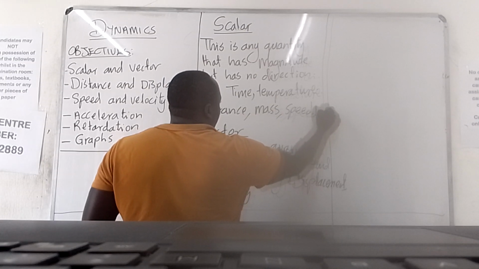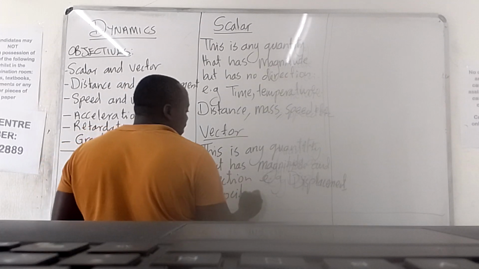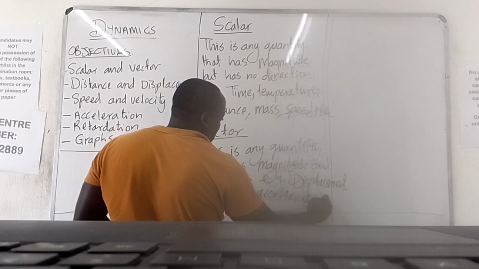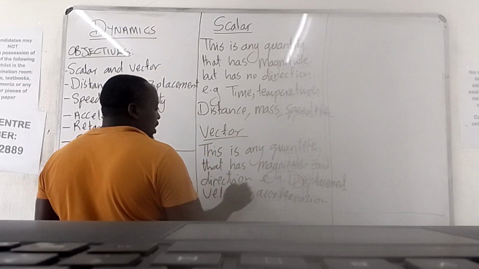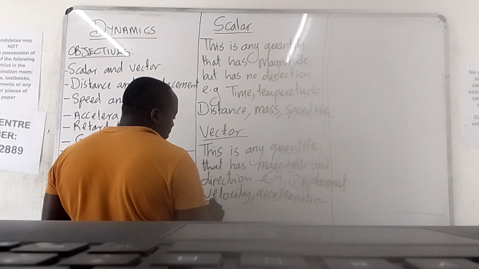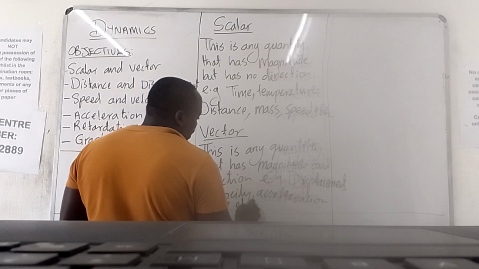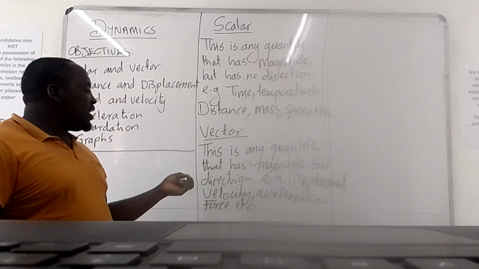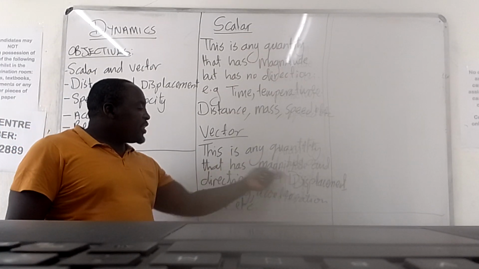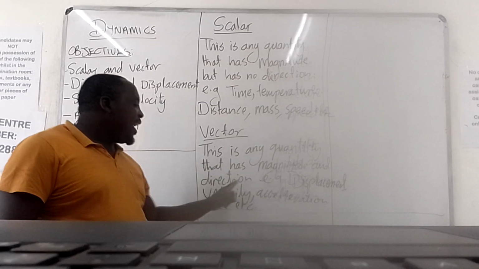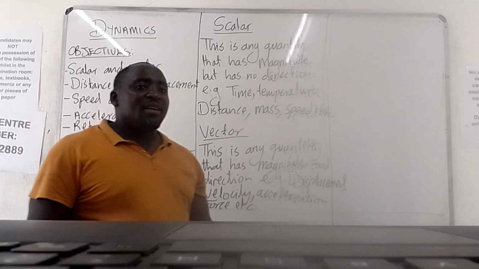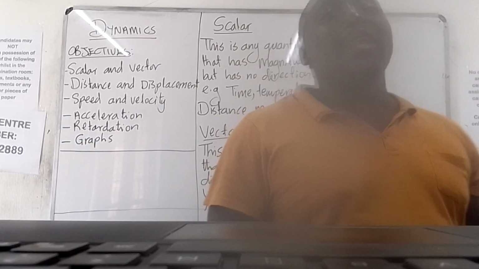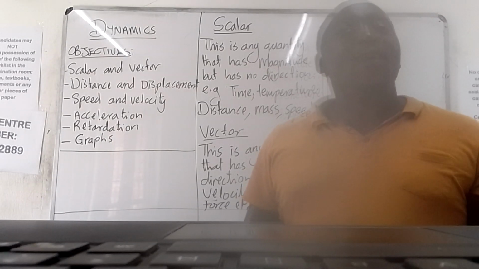We have acceleration, we have force, and so on. These are quantities that have magnitude and direction. That is why we call them vector quantities.